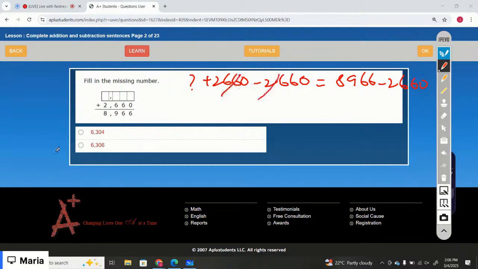When you subtract a number from itself, the answer is always zero. And 8,966 minus 2,660 is 6,306.